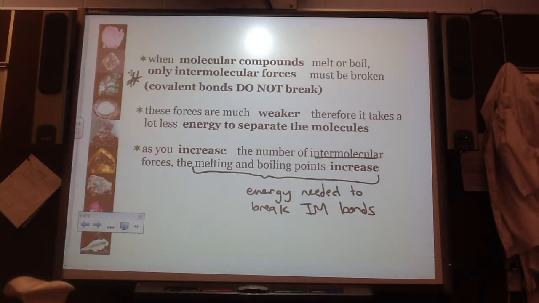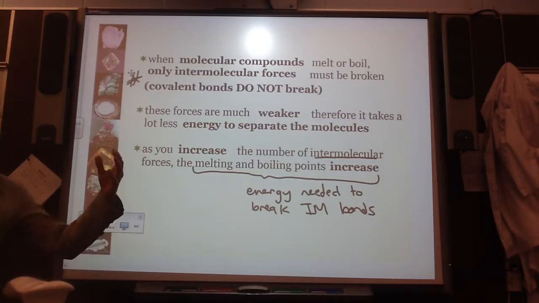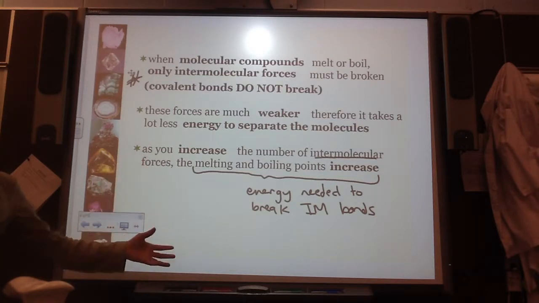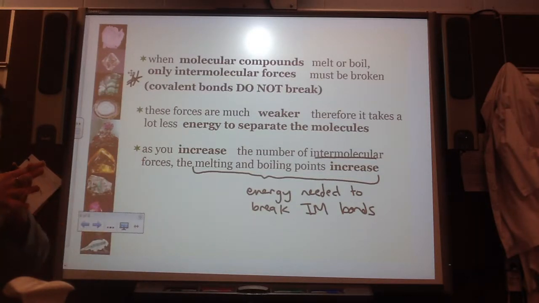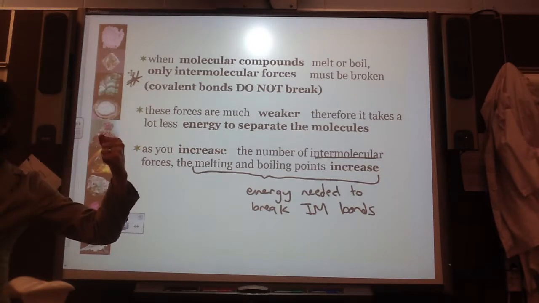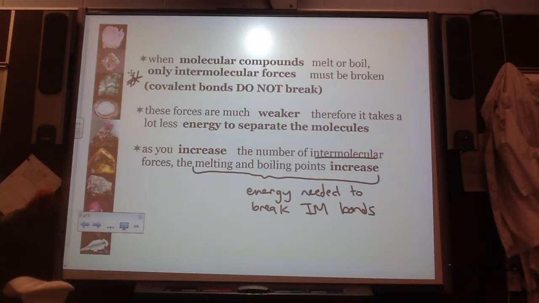So as intermolecular forces increase, what will also increase? Melting and boiling point. As boiling point and melting point increase, what else increases? Intermolecular forces, okay? Stronger forces, more energy to break them. Got it? Okay? Very important.